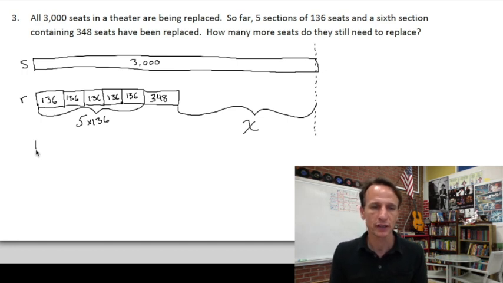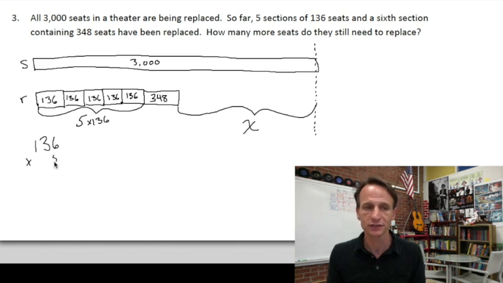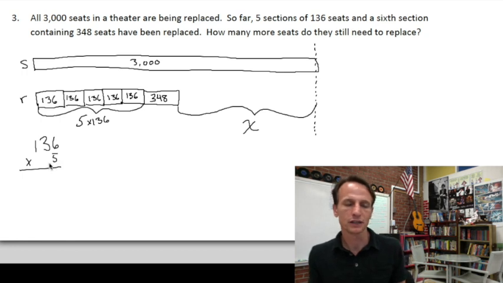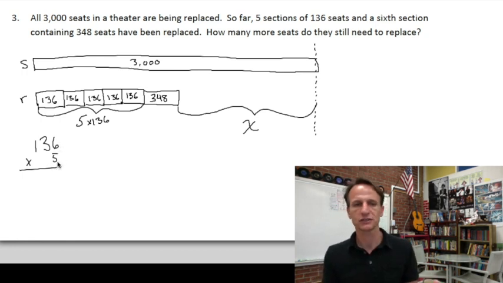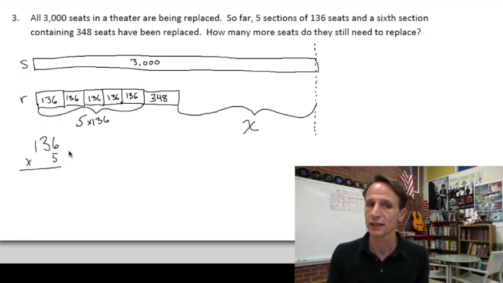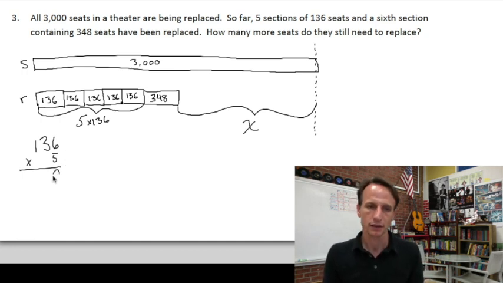So we'll start off by doing that 136 times 5 to get those sections done. So standard algorithm here, 5 times 6, 5 times 3, 5 times 1, with regrouping as needed. So 5 times 6 is 30. Good.